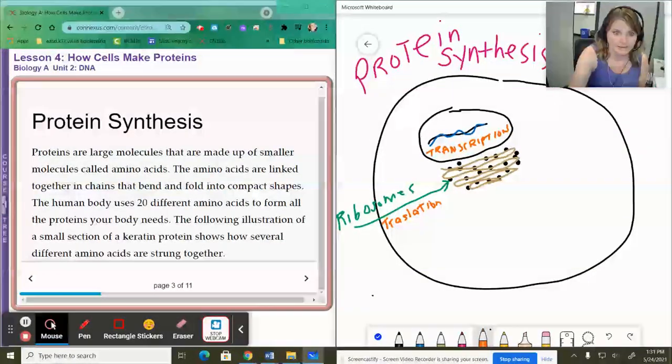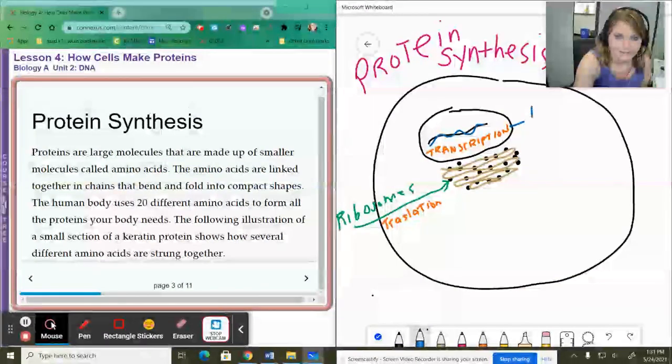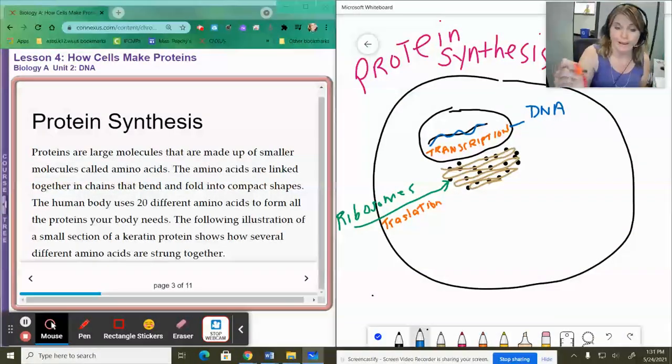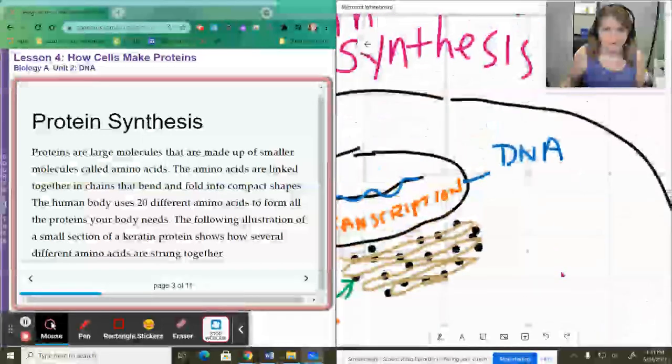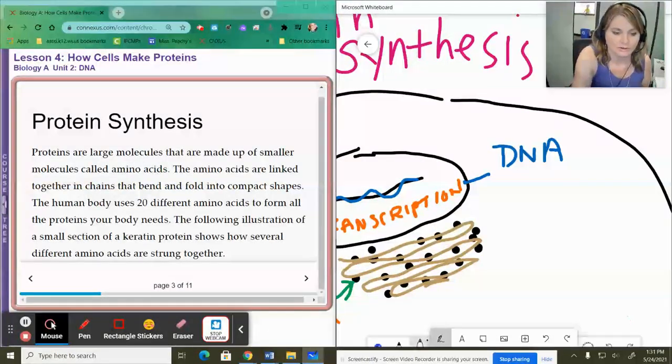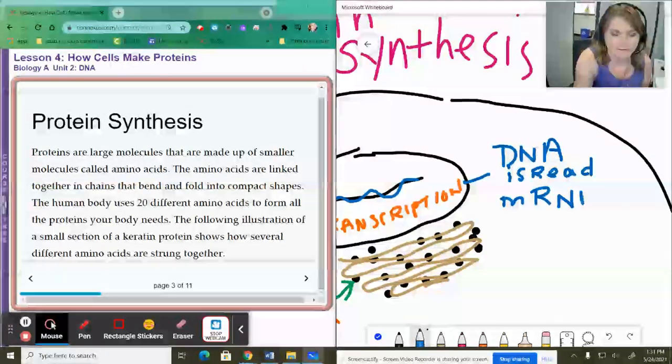So inside of the nucleus during transcription, DNA doesn't turn into mRNA, but it is read. mRNA stands for messenger RNA.